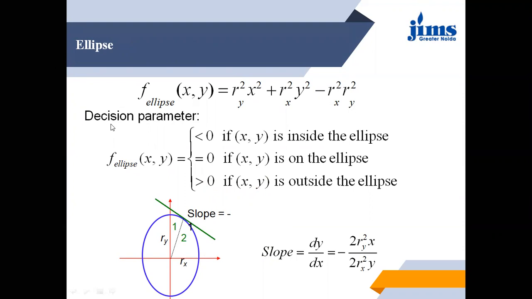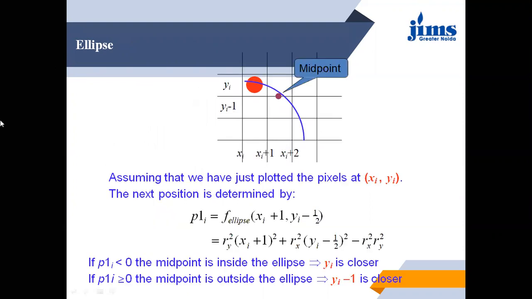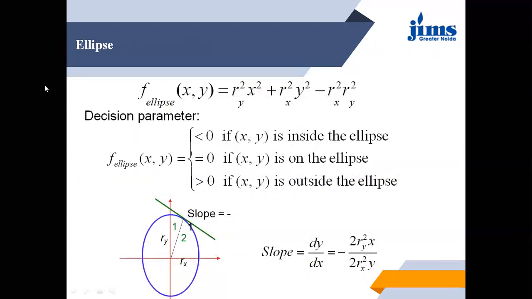Same as we try to find out whether the point is inside the circle or outside the circle, here also we are trying to find out whether the point is inside the ellipse or outside the ellipse.